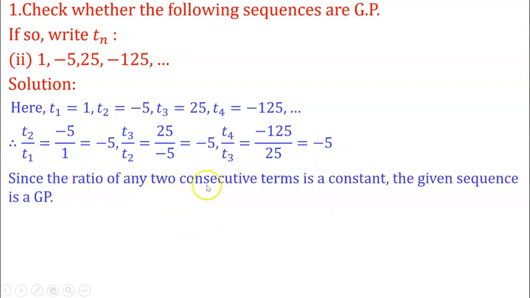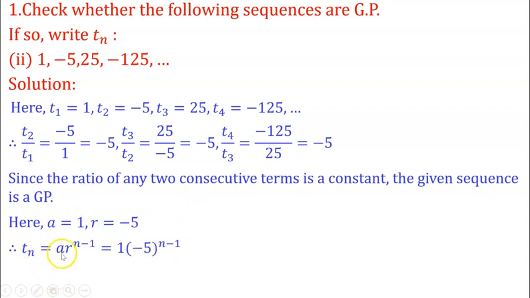Since the ratio of any two consecutive terms is constant, the given sequence is a GP. Here A is equal to 1, R is equal to minus 5. Therefore, Tn is equal to A into R raised to n minus 1, that is 1 into (minus 5) raised to n minus 1. This is Tn. Therefore, Tn is equal to (minus 5) raised to n minus 1.